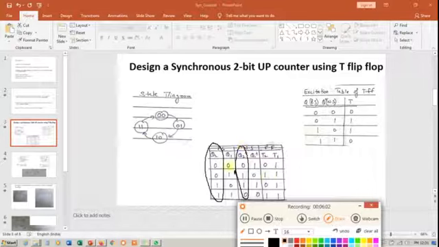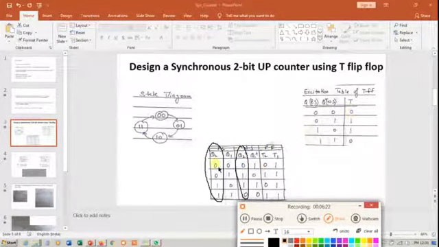Now you can see here when present state is 0 and next state is 0. So as per the excitation table of the T flip-flop, when present state value is 0 and next state value is 0, the T value is equal to 0. As we are referring to Q2 and Q2 plus, we are going to write it for T2 only. So as it is 0 0, the T2 value is 0.